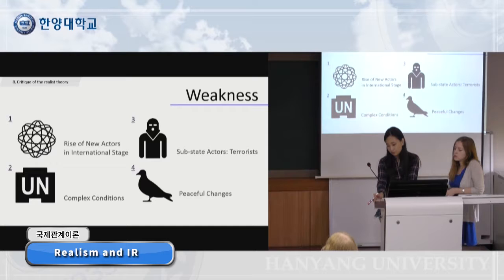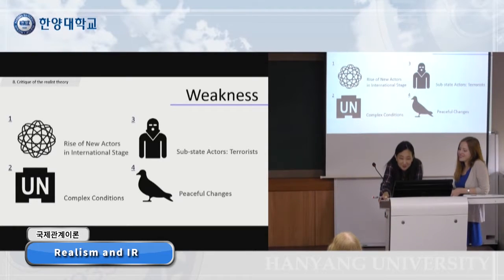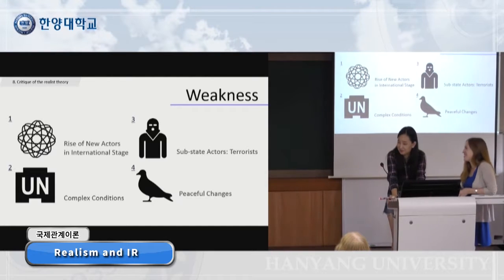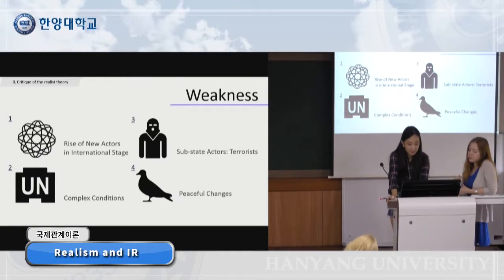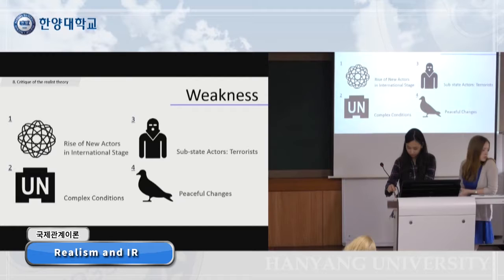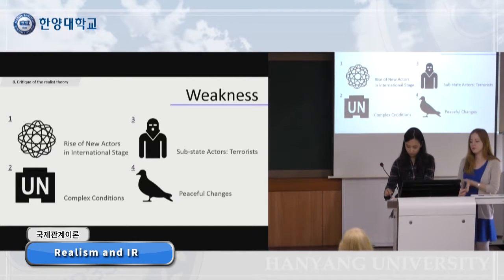Last but not least, sorry it was long, the realist theory is not capable of accounting for peaceful change. Realists insist that changes in the international system can only come about from war, and that war is often the catalyst. However, phenomena of peaceful change, such as the end of the Cold War or the peaceful dissolution of the Soviet Union, prove their statements wrong.